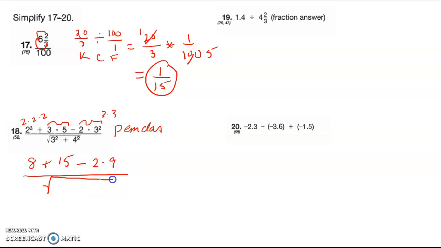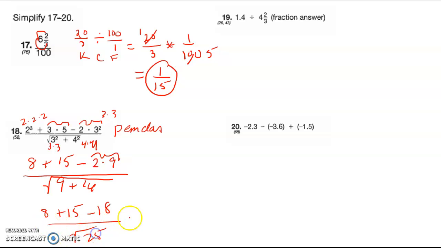And underneath I have 3 times 3 is 9, plus 4 times 4 is 16. So this gives me 8 plus 15 minus 18, because I have to do this one, over the square root of 25. 8 plus 15 is 23 minus 18 over 5, which is 5 over 5, which is 1.